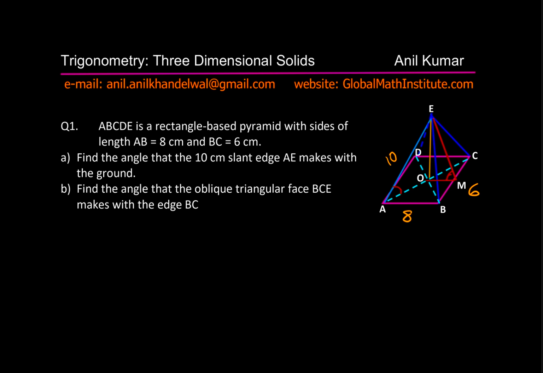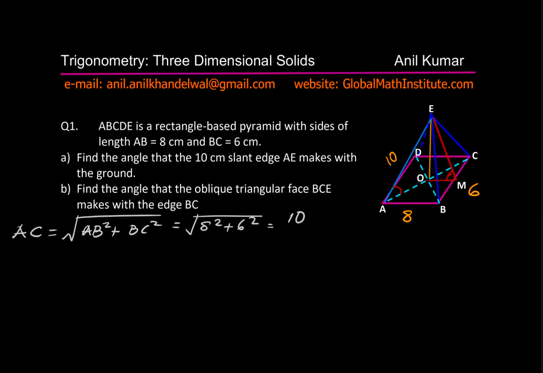We are given the two sides of the rectangle. We can find the diagonal AC using Pythagorean theorem. So, AC is equal to square root of AB square plus BC square, which is square root of 8 square plus 6 square, and that is 10, right? 64 and 36, square root, 10.